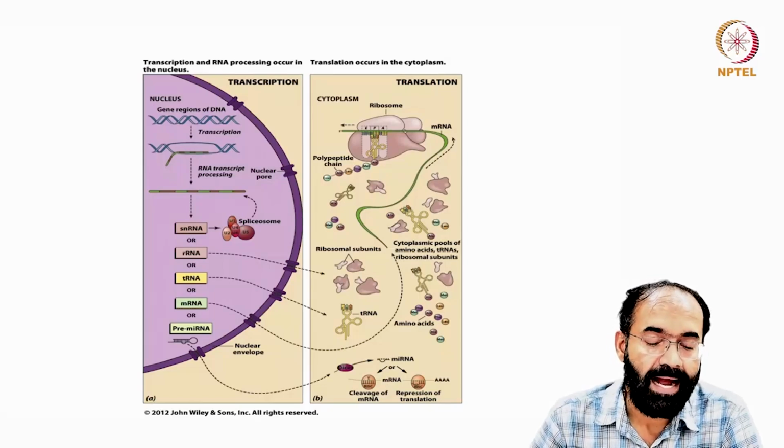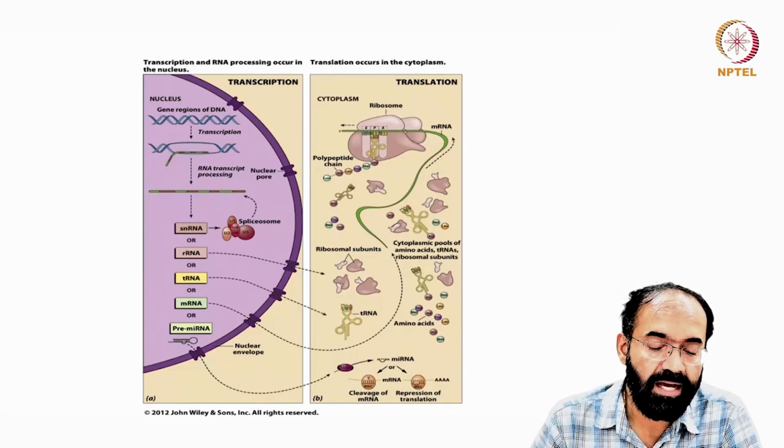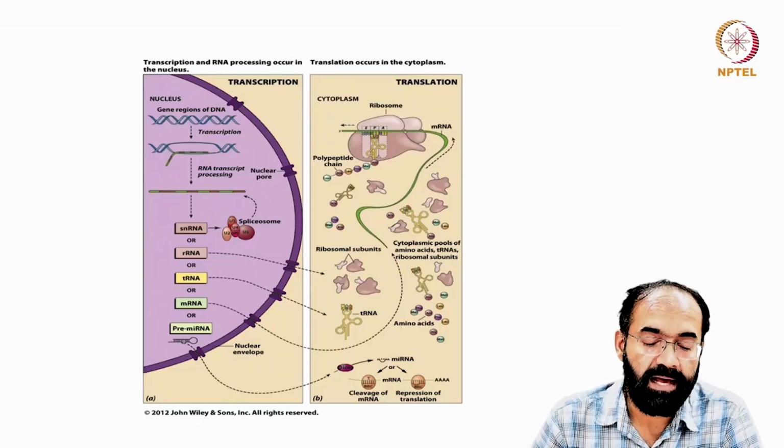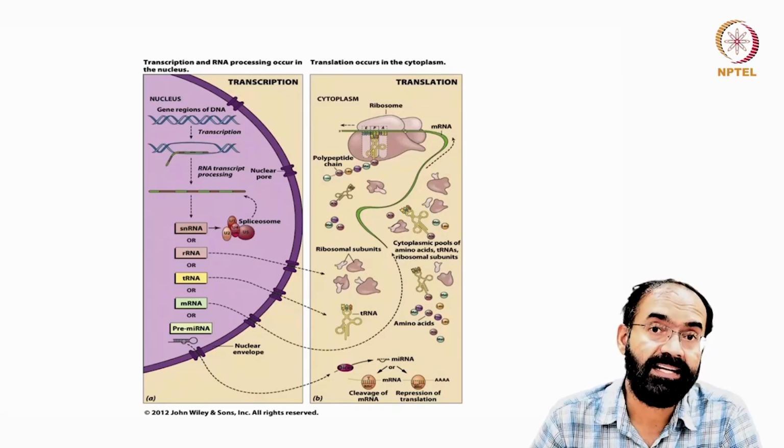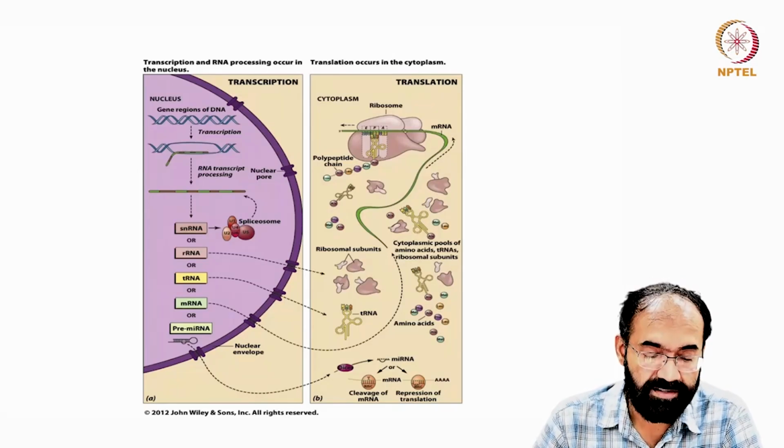So this antisense strand, acting as a template strand, makes a copy of the RNA with the help of DNA-dependent RNA polymerase, and now this RNA is identical to that of the sense DNA strand.